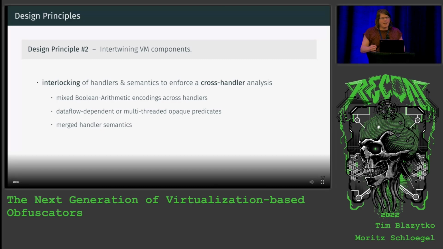So basically building a chain of arithmetic encodings such that you only learn what's going on if you analyze different handlers in a row, in the correct order. This can be understood as some generalization of bytecode blinding, where you don't only encrypt the bytecode in a context-sensitive way, but also encode the instruction semantics in a context-sensitive way. The second thing is that you could build opaque predicates, which are data flow dependent or even multi-threaded.